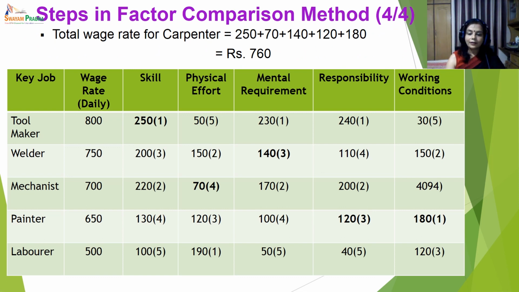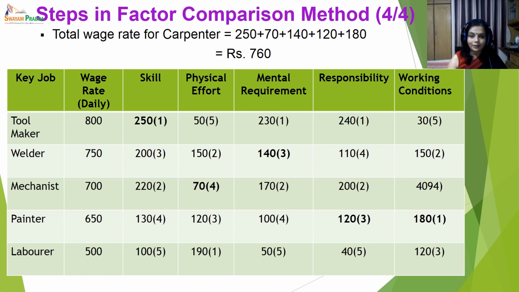What we have done, we have selected the key jobs: toolmaker, welder, mechanist, painter, laborer. These are the key jobs. The daily wage rates are found out. The different factors are skill, physical effort, mental requirement, responsibility, and working condition. Now, these wage rates are apportioned to different factors in terms of their characteristics and importance.